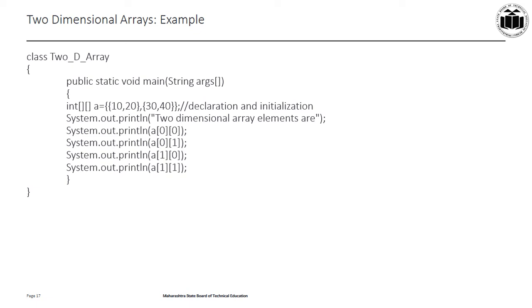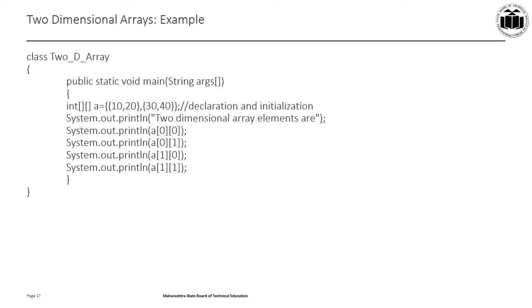So a of 0 and 0 means I'm going to access 10. Then 0 and 1 means I'm going to access the 20th element. Then 1 comma 0, 30, and 1 comma 1, that is 40. So in this way you can access two-dimensional array elements.